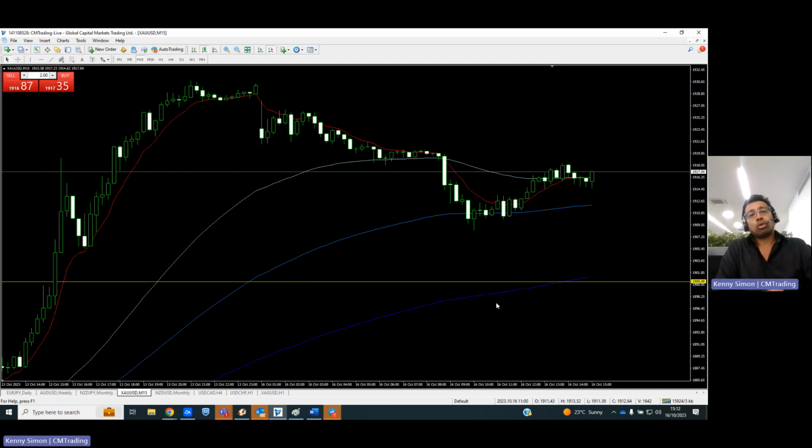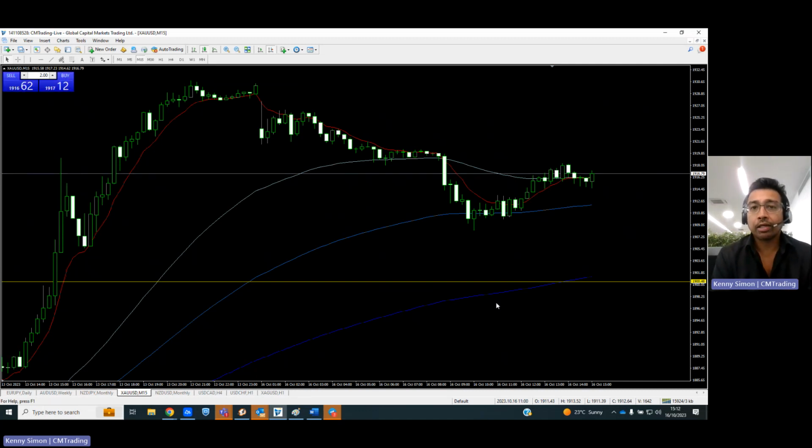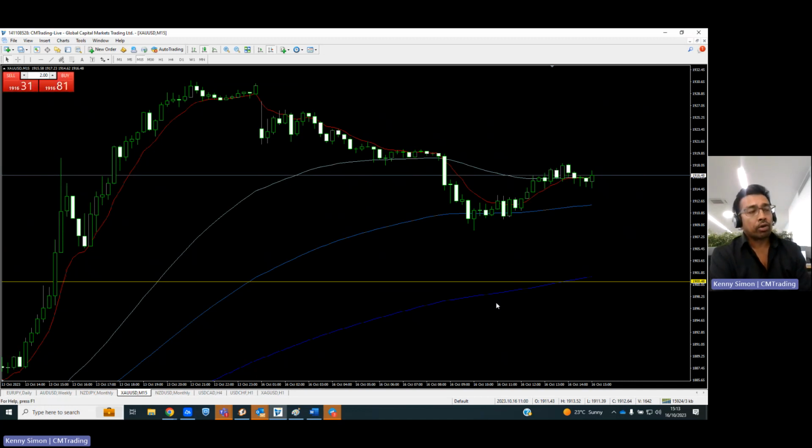So what I would like to look at, based on the three moving averages, is the cluster of candles, whether they're above all the three lines or whether they are trading in between all the three lines, which basically means there's just no trend, or to me, it appears to be a sideways trending market.